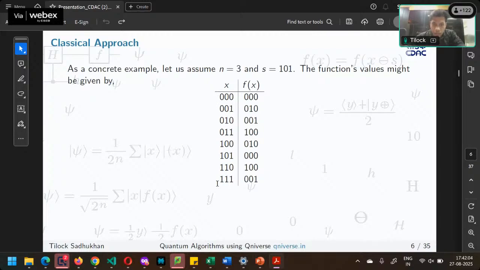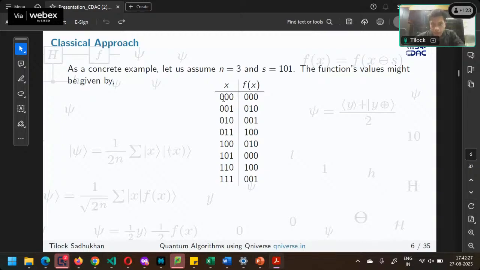Here I have outlined all the possible inputs, the total number is 8, and there will be corresponding outputs also. Since we are dealing with binary numbers, the function is also a binary function. And as I just discussed before, the function has to be a two-to-one function. That is the promise we are starting with from the very beginning.